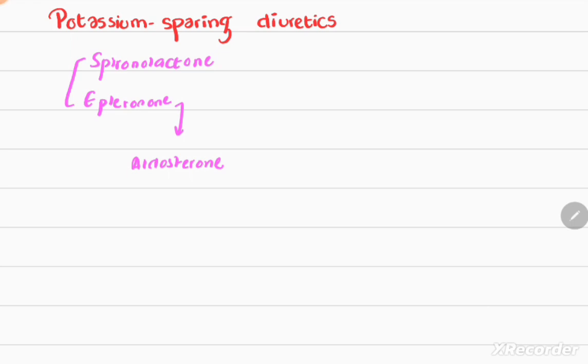The other two drugs that fall under this category are amiloride and triamterene. These drugs act directly on the ENaC channels, and they are direct inhibitors of sodium influx.